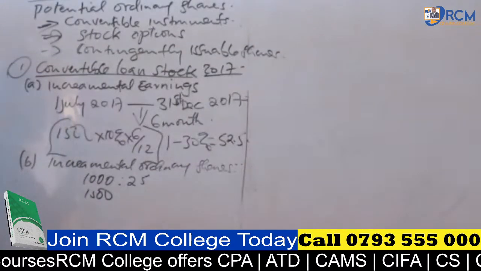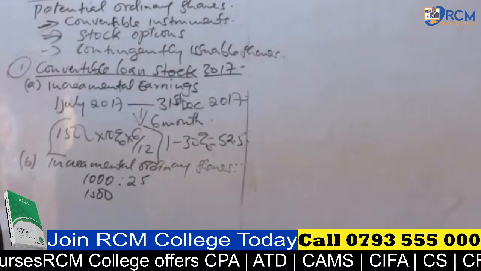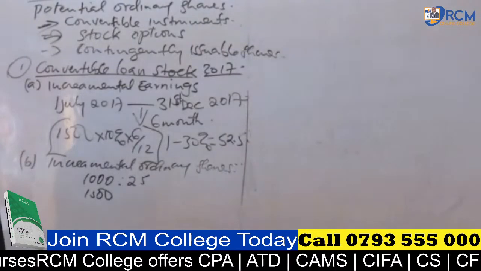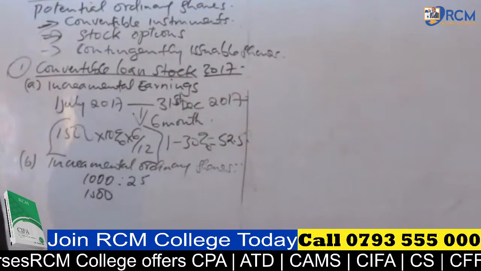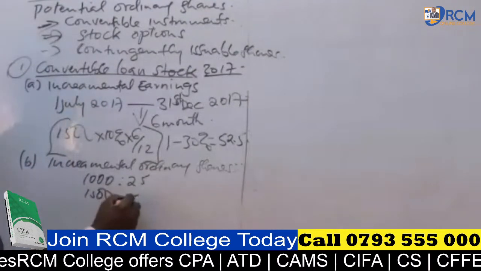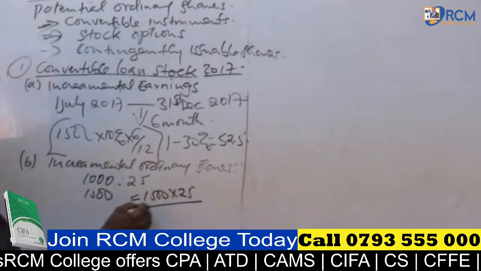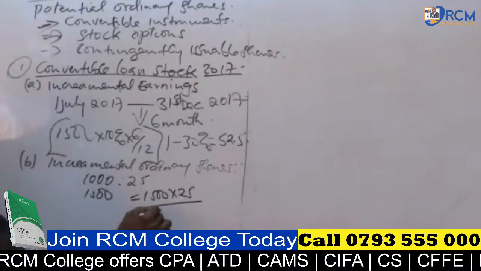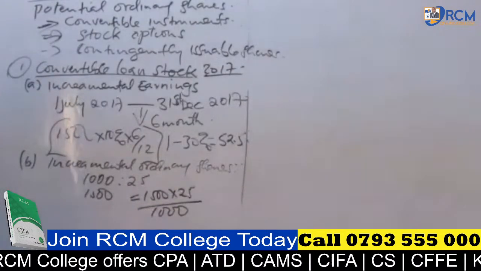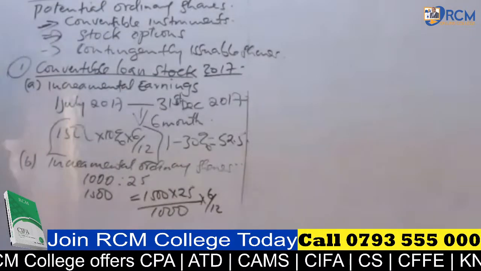But remember, it was 1,500 for 6 months. It was potential ordinary share for 6 months. Therefore, you are going to multiply by 6 over 12 because it was a potential for 6 months. Here, it will be 1,500 times 25 divided by 1,000, then multiply by 6 over 12.